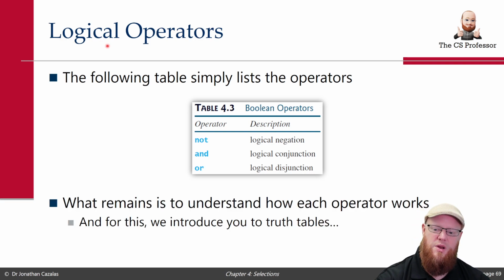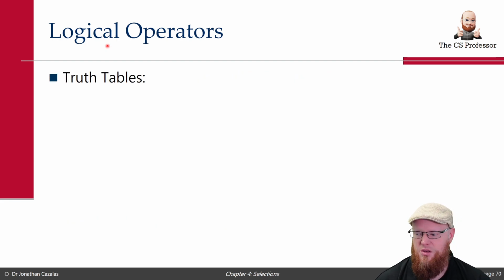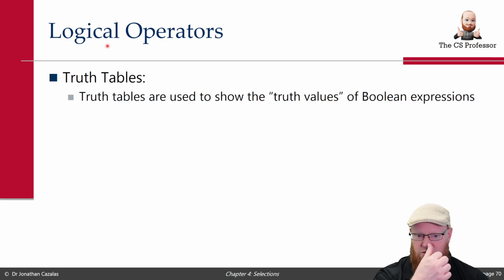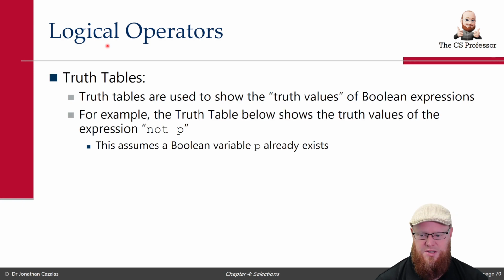So what remains is when I see these logical operators, we want to look at a truth table for each one to understand how those operators work. But the good news is we already understand this, because these are words we use in our life, and I'll go through some examples. So truth tables, we use them to show the truth value of Boolean expressions.